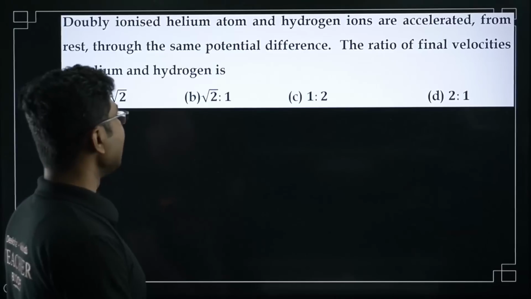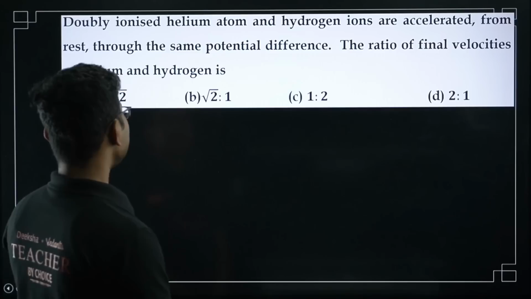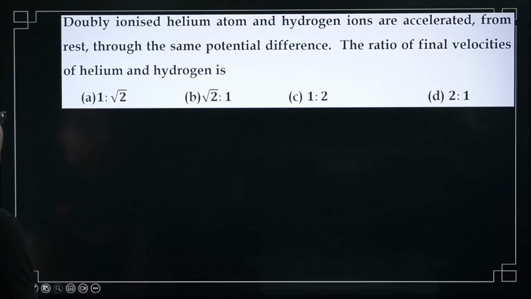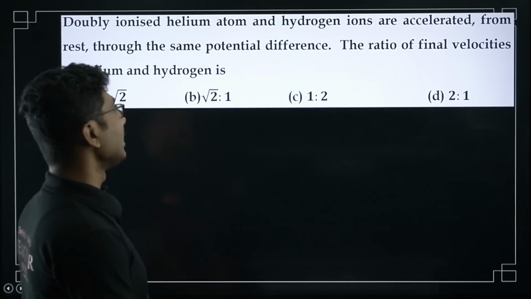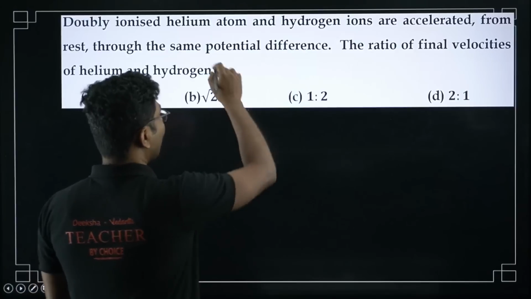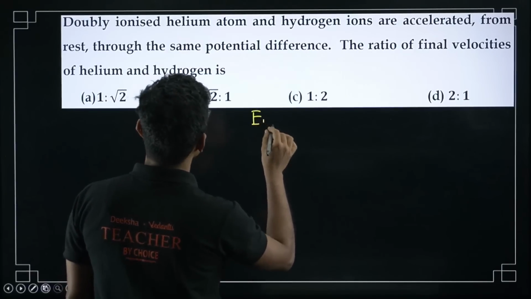Doubly ionized helium atom and hydrogen ions are accelerated from rest through the same potential difference. The ratio of final velocities of helium and hydrogen is. Okay, so they are accelerated, so what is the energy of hydrogen?